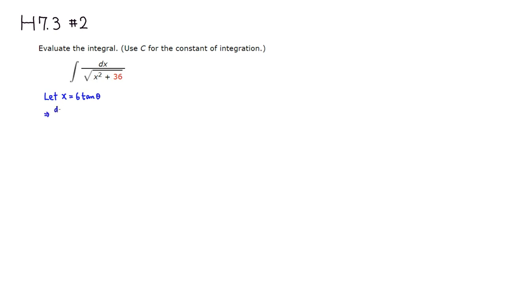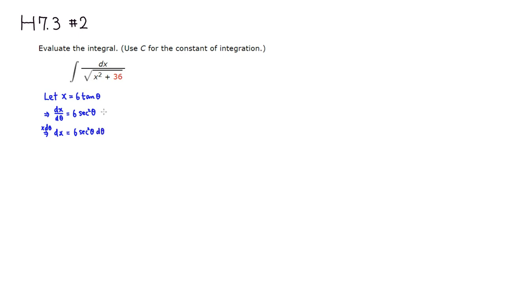Take the derivative of x with respect to theta. You're going to get 6 times secant squared of theta. Then we can multiply through by d theta to get dx equal to 6 secant squared of theta d theta.